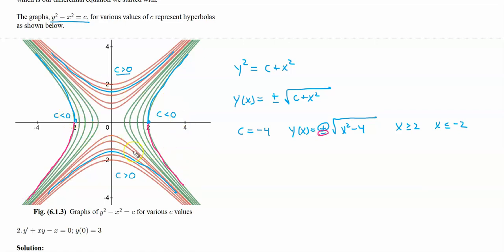And so that's what's happening for various values of c that you put into your solution up here. That's what curves are being generated. And also, all of these curves that we have here are known as hyperbolas. Let's take a look at another example.